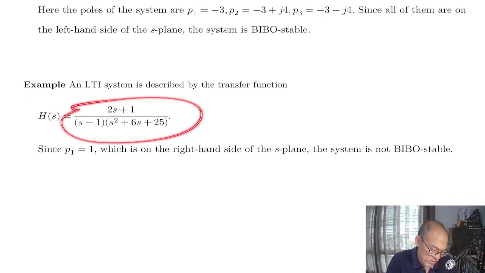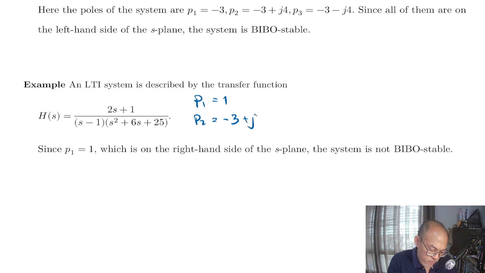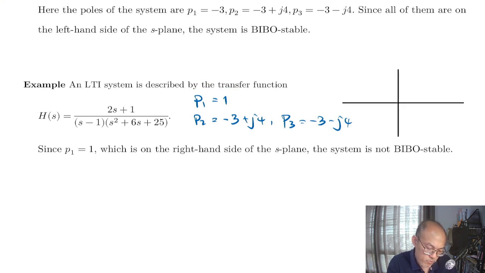Now, let's look at this. You see 3 poles. The first is at 1. The second is -3 plus j4. And the third is -3 minus j4. Now, you see, there is one pole that is on the right-hand side. P1 is here, whereas P2 and P3 are here.